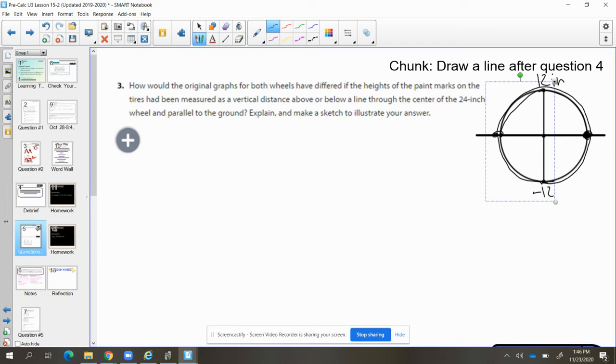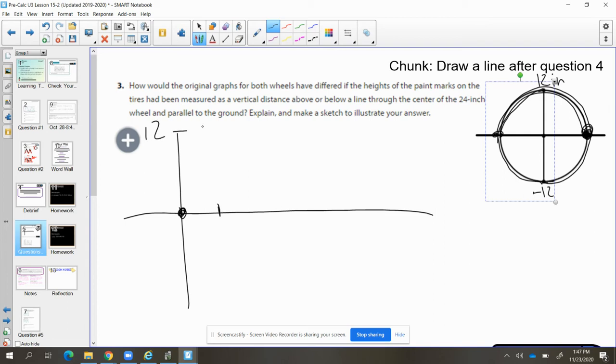So instead of starting on the ground at 0, we're looking at it this way, like we're starting here on the bike. Okay, so basically, if we were to sketch this graph, instead of starting at 0 and going up, we're starting at 0 and going up to just 12 at second 1, second 2 back down to 0, second 3 we're down to negative 12.